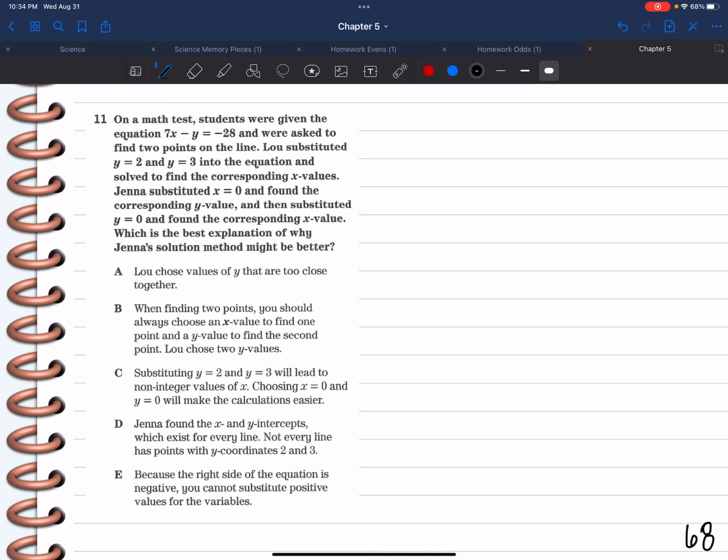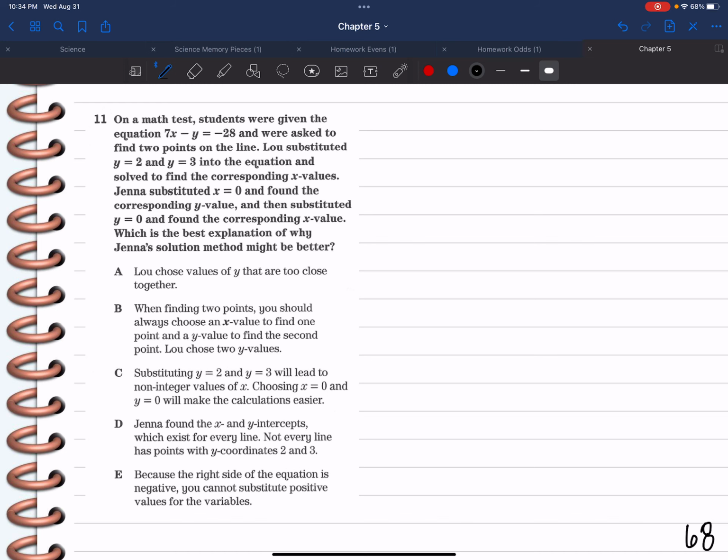Jenna substituted x equals 0 and found the corresponding y value, and then substituted y equals 0 and found the corresponding x value. Which is the best explanation of why Jenna's solution might be better?